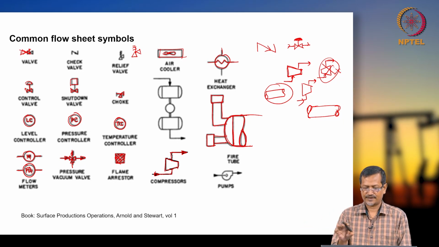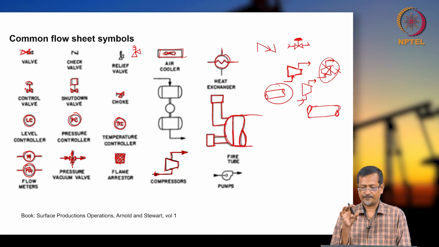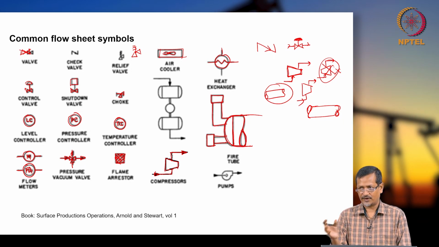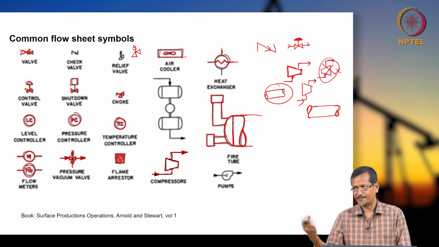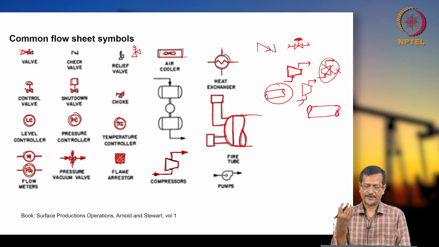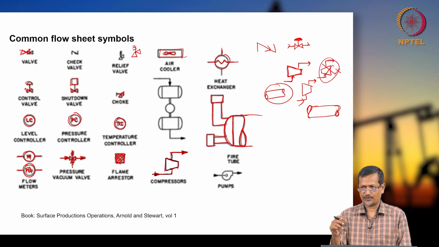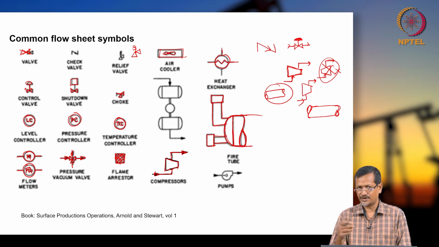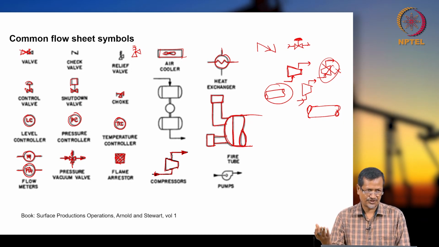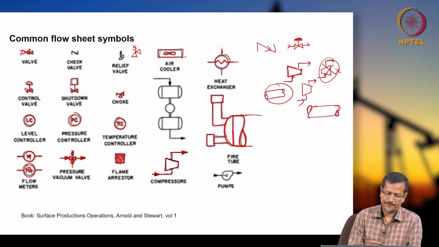Later we will discuss fire tube boiler and fire tube, how it is helping in separation. Whenever you are increasing temperature, actually fluid viscosity will change. So when viscosity is changing, your separation rate can change. So that is the main purpose.